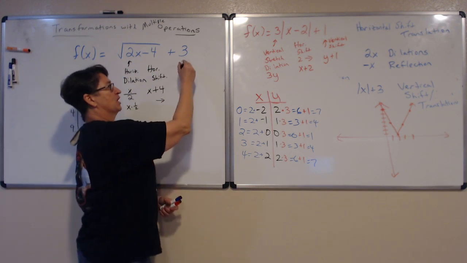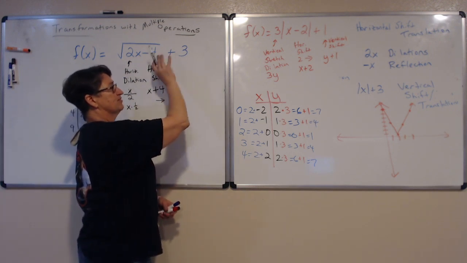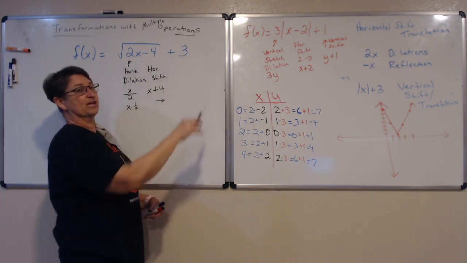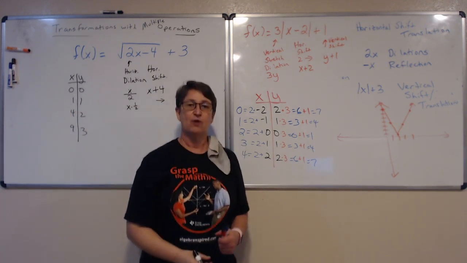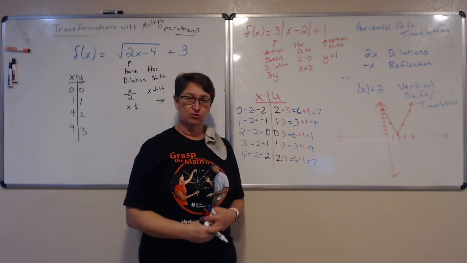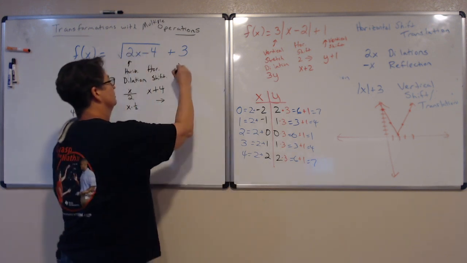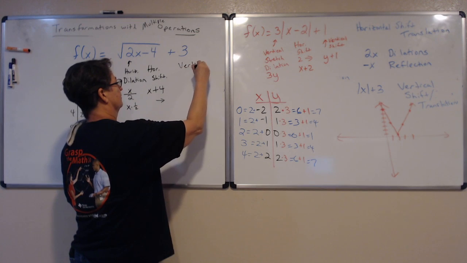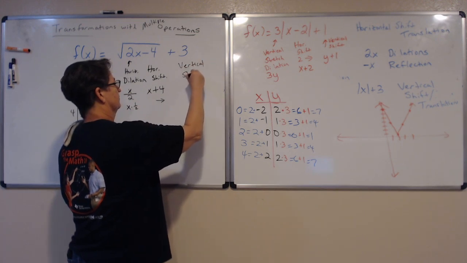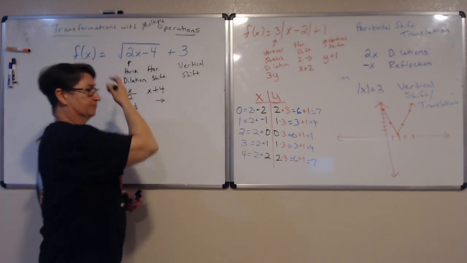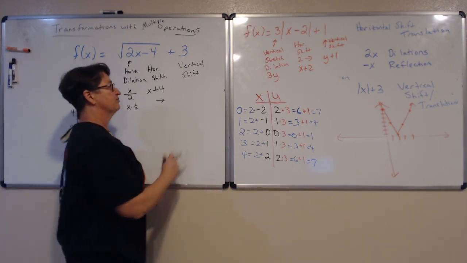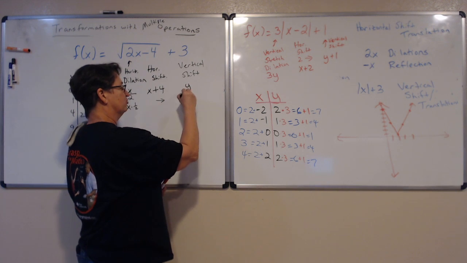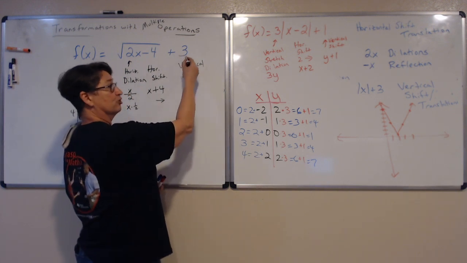And then last but not least, this +3, it's out on the outside. So it's not affecting our x's, it's affecting our y's. And I think y's up and down, so it's a vertical shift. And the vertical shift affects my y values, and they're truth tellers.